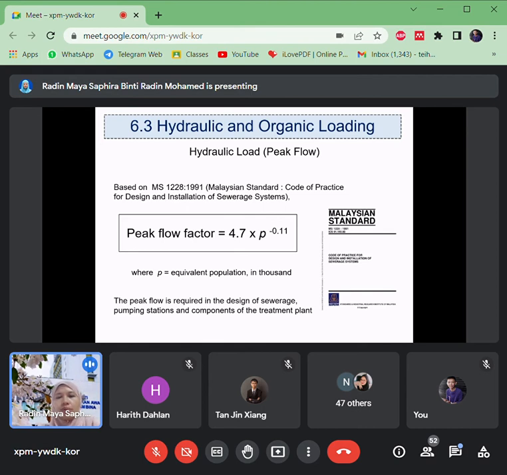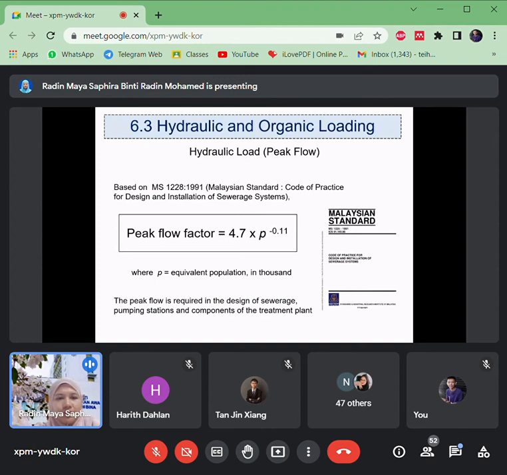So the developer must provide the information of how many houses they are going to build. In one house, particularly how many people, right? So how much wastewater is going to be generated. Do you understand?